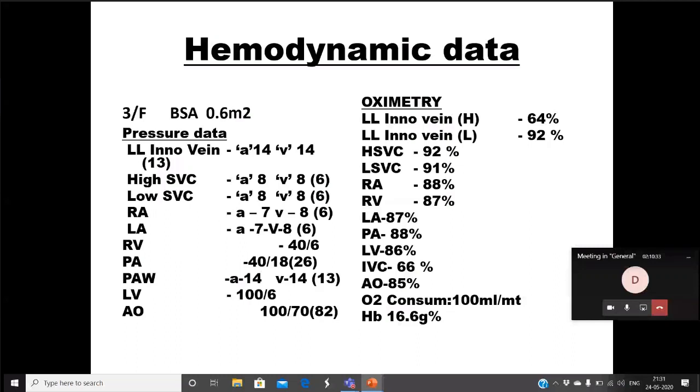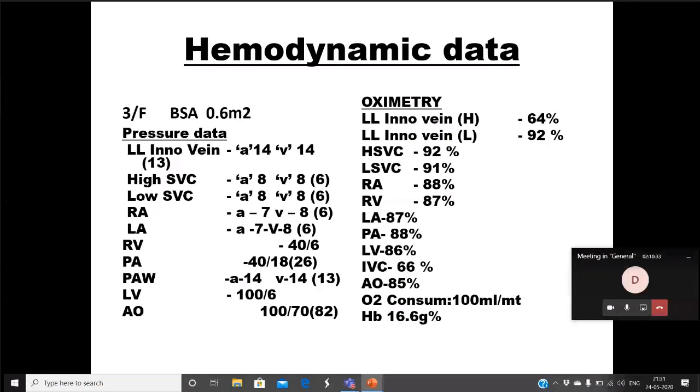Then coming on to pulmonary artery wedge pressure: the A wave is 7 and the V wave is 8, so that is normal. LA pressure is not given, so we can take the pulmonary artery wedge pressure as LA pressure. LV pressure is 100 by 7. Diastolic pressure is equal to LA pressure, so there is no gradient across the mitral valve.